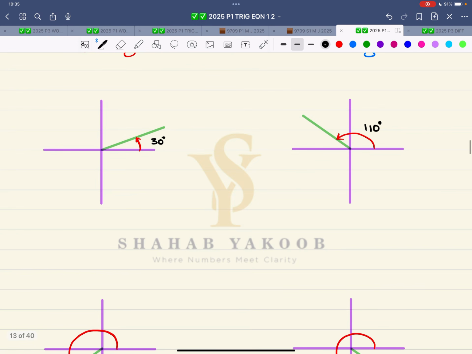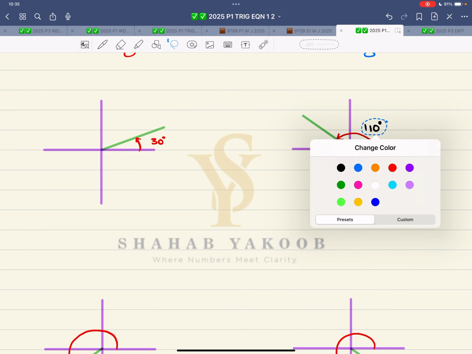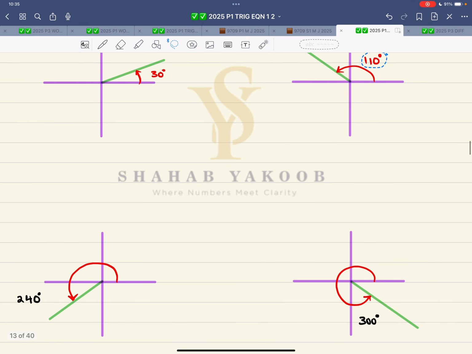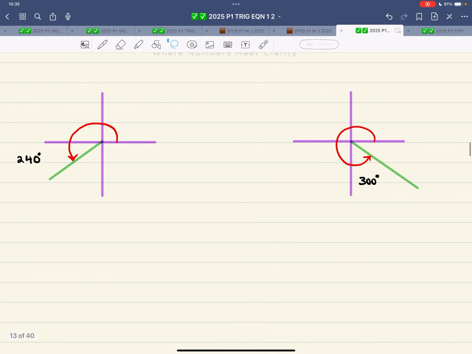So basically, I have labeled the red angles. This one is red because all the angles that I have labeled anti-clockwise, these are red angles.